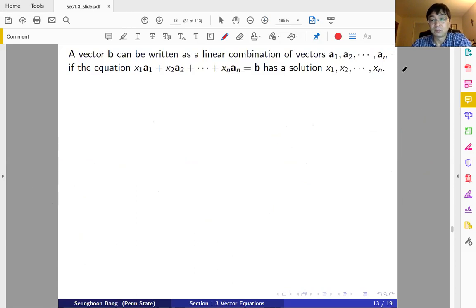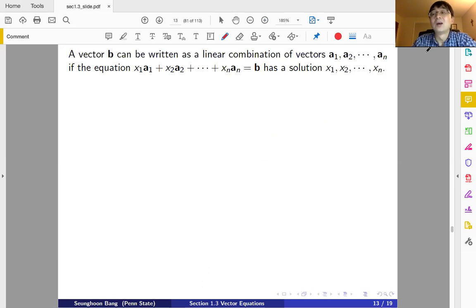The next, so we think about this problem. A vector B can be written as a linear combination of vectors A1, A2, up to AN, if the equation x1 A1 plus x2 A2 plus up to xn AN equals B has a solution x1, x2, xn.